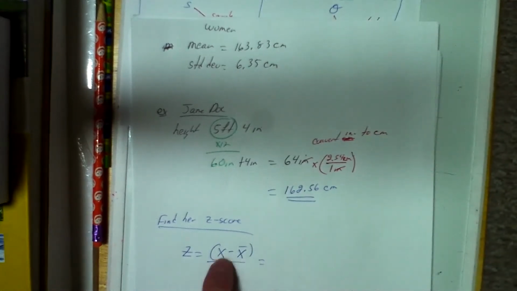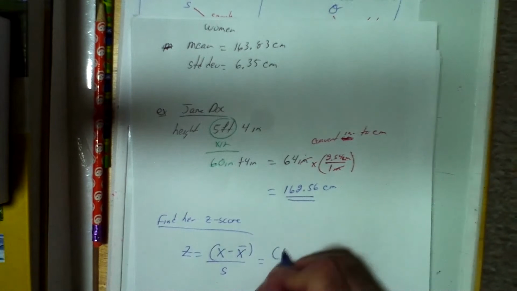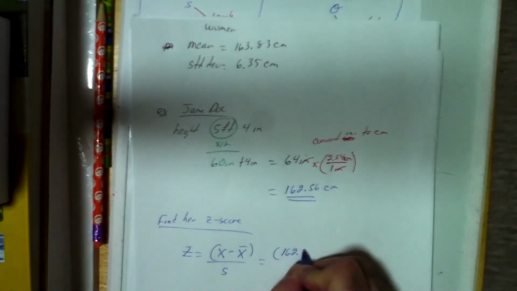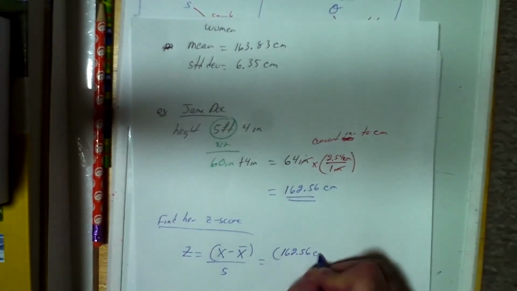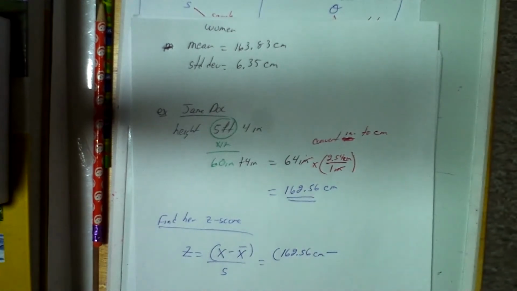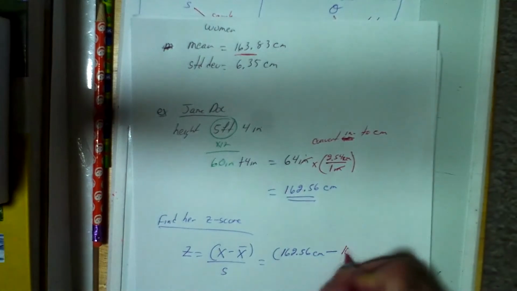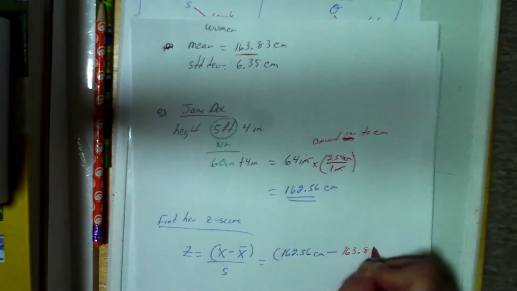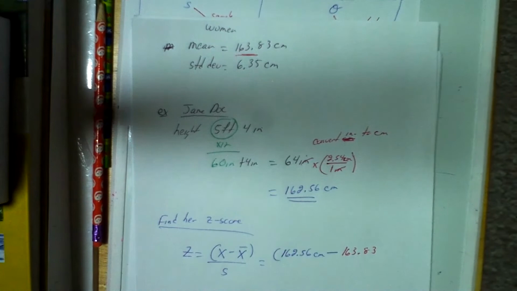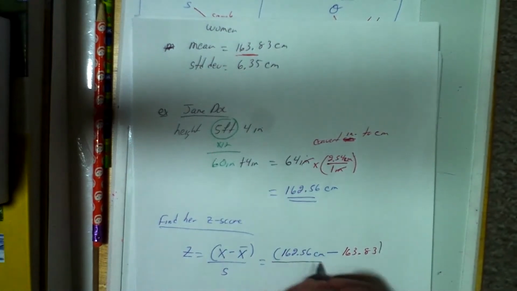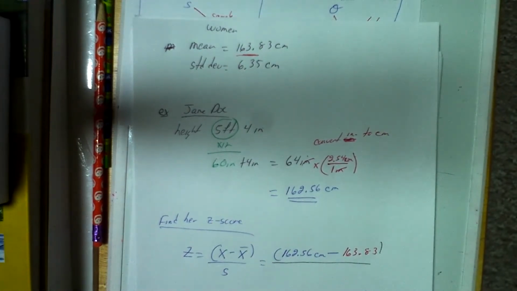So there's my x. My x is Jane Doe's number, 162.56 centimeters. And then we're going to subtract the mean. What was our mean? It was 163.83. And then I'm going to divide it by 6.35.